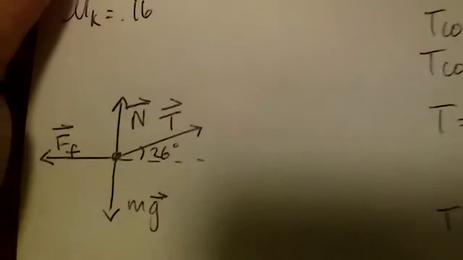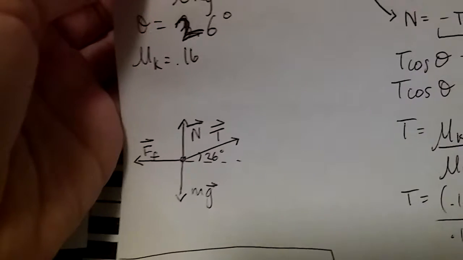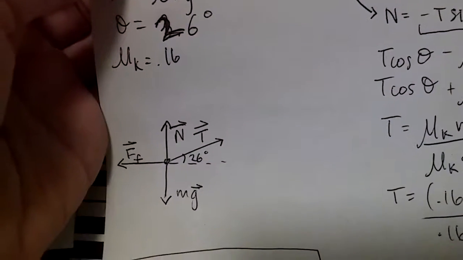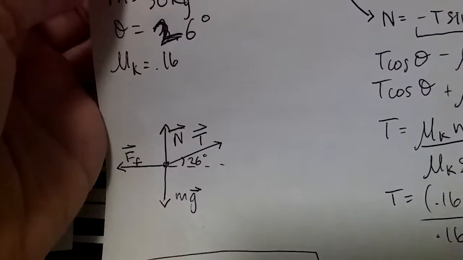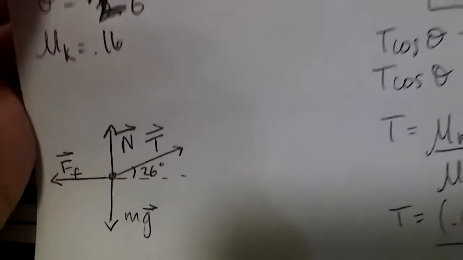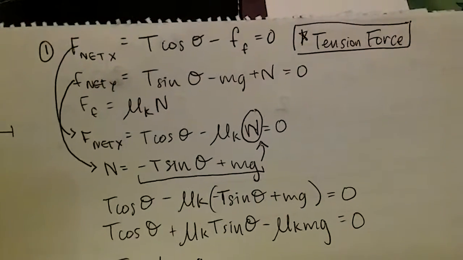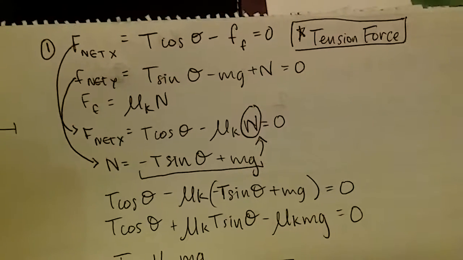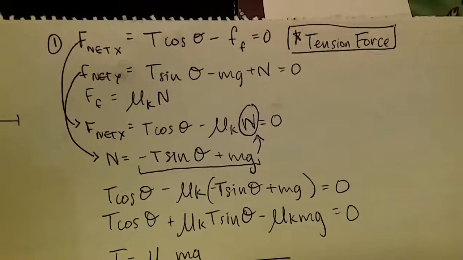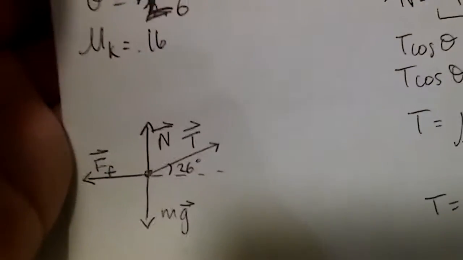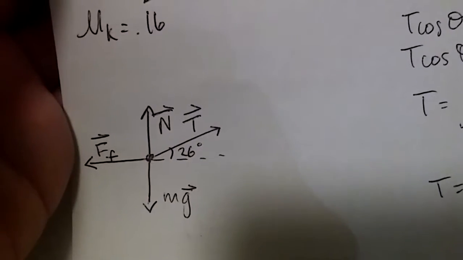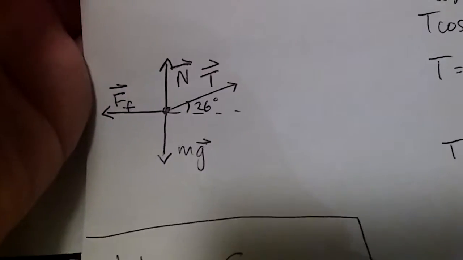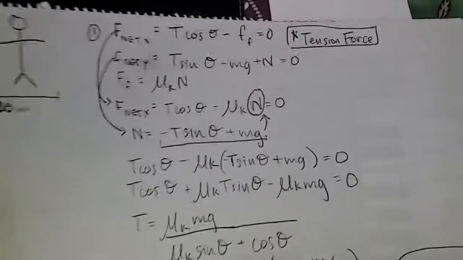So the friction force is going to the left there, and then the tension force, we're looking at the x component of the angle. And then the y portion, T sine theta minus gravity, mg, plus normal force. So the normal force is perpendicular to the plane going up, gravity going down, mg, and then T sine theta is the y component of the tension force.